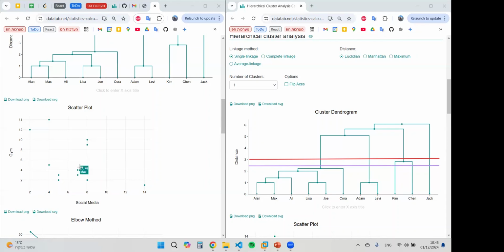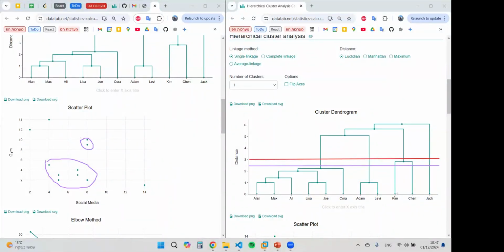So let's see how it goes. The names over here are Cora, Max, and Ali, which I mean those are the same, so this one will be the same cluster. We got Levi and Adam over here, which is in the same cluster. As you can see, they are connected in the dendrogram.